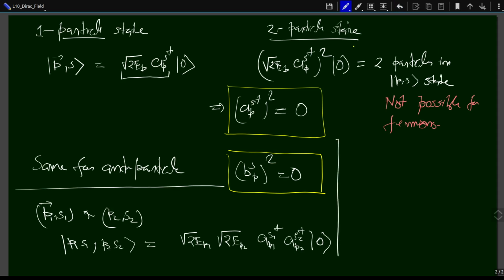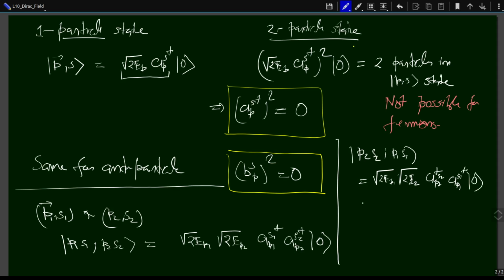So I can ask what is the state P2 S2, P1 S1, and if I exchange these two particles, this state that I have to create will go as square root of 2E_{p1}, 2E_{p2}, a_{p2} dagger plus a_{p1, s1} dagger acting on the vacuum.